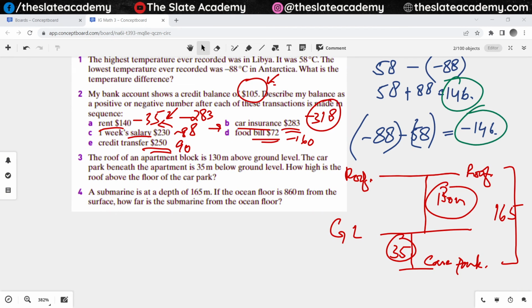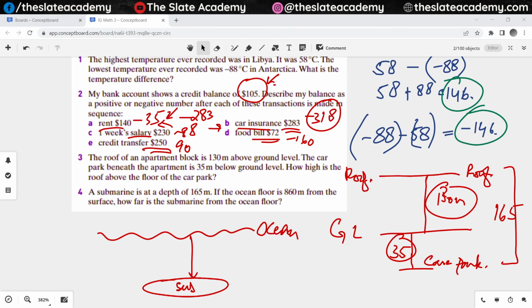Okay, quickly on to question number 4. It says a submarine is at a depth of 165 meters. So here is the ocean surface, and here is the submarine, at a depth of 165 meters.